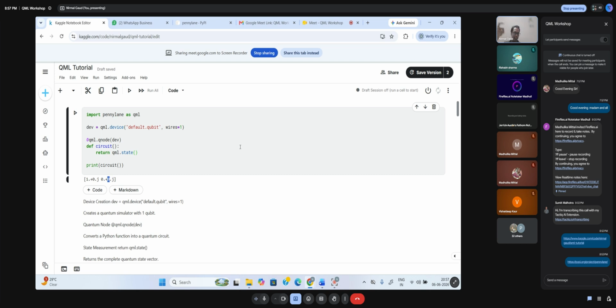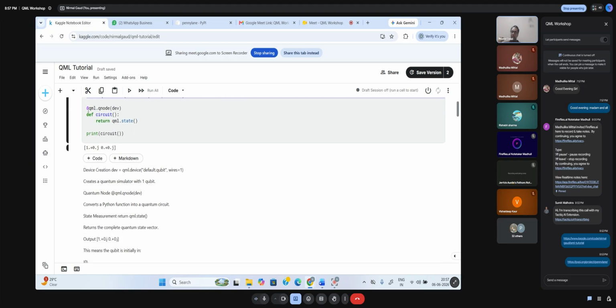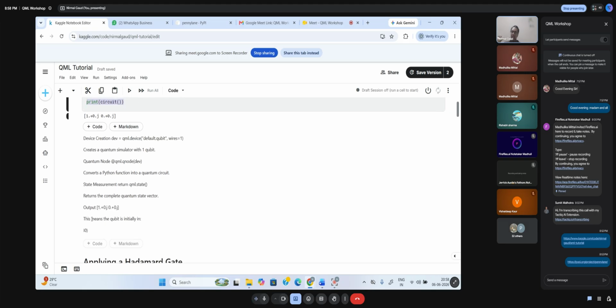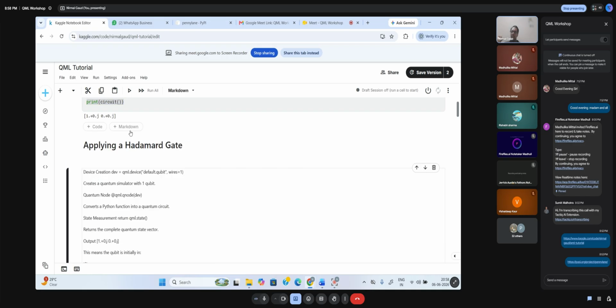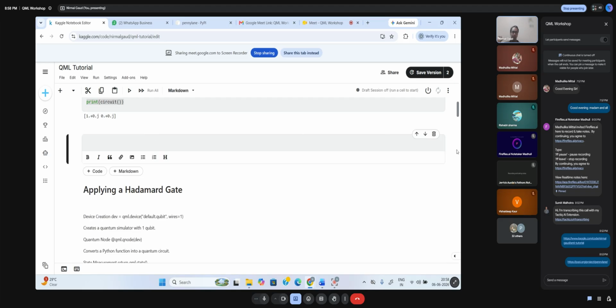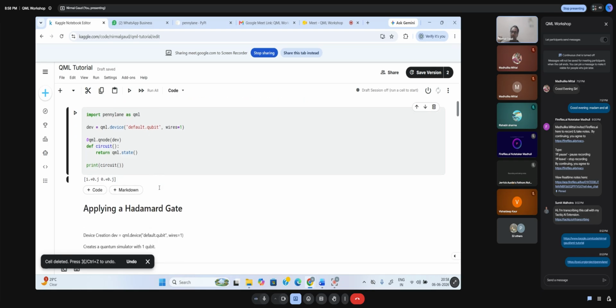So in this code, we use PennyLane, define a quantum device, create a quantum circuit, and run the circuit. While running the circuit, we got the result as a qubit.